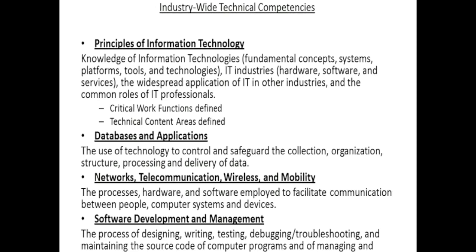For each of these headings, the U.S. DOL model defines a collection of bullets as critical work functions, and they really are work functions. They're things that people in this kind of job should be able to do. And technical content areas, which generally speaking are topics. Some of them are written as though they are outcomes, but that's not a specific charge by the Department of Labor. These exist for all these categories.